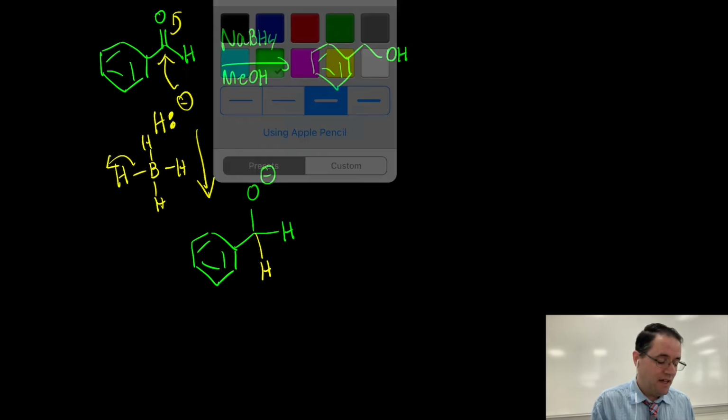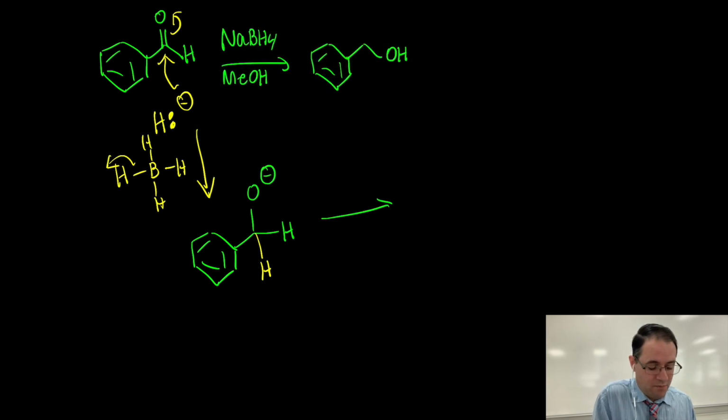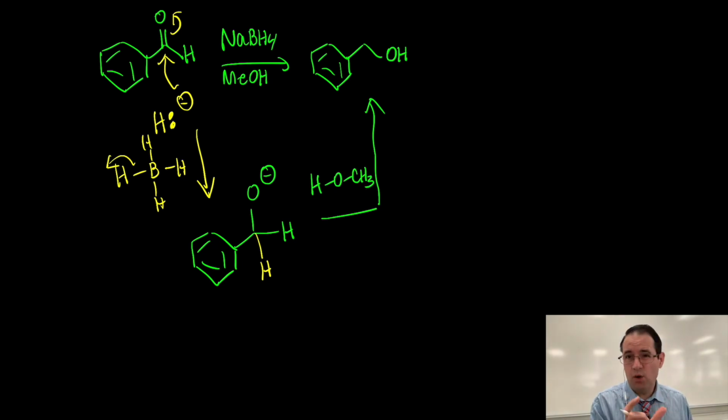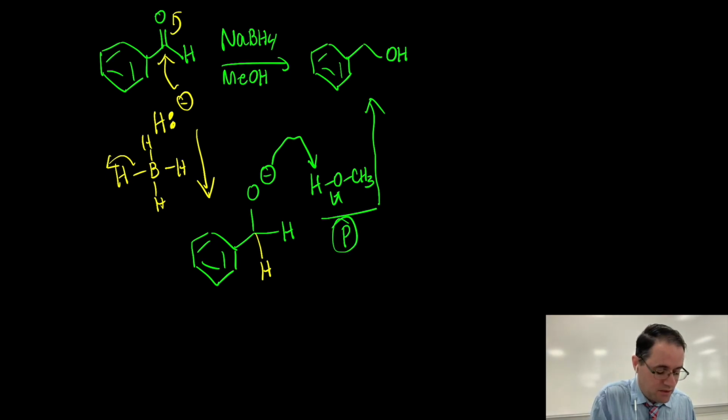And so now what's going to happen is you're going to protonate this with your solvent. In this case, it's methanol. So we want to draw out methanol as an alcohol. You know, draw the bond line structure that shows that OH bond. And the alkoxide is going to become protonated. Okay, I forgot to show the steps here.